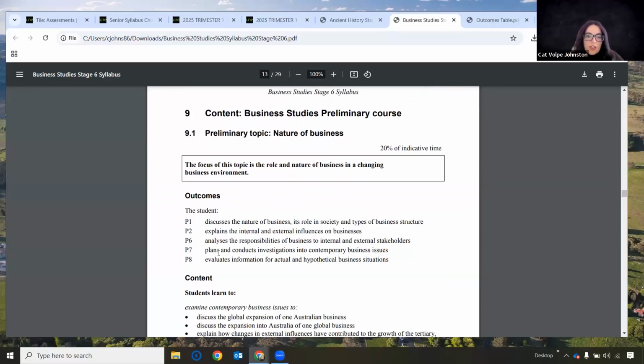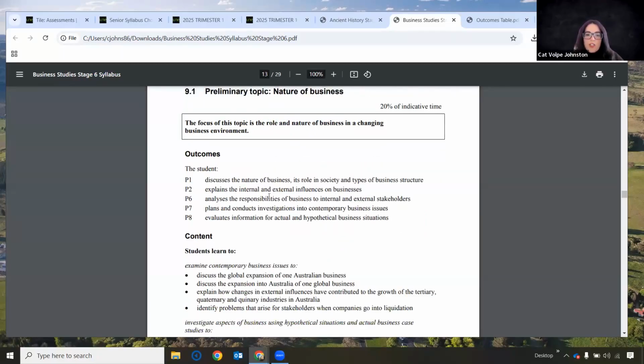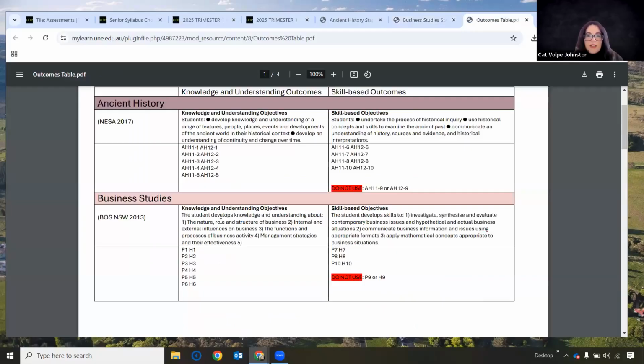All right, so in year 11, students look at the nature of business first up. That's the first thing that they do. And we can see which outcomes are aligning with this unit of work. Again, if you decide I'm going to do a learning sequence on this year 11 topic, this unit, sorry, and you're not sure which ones of these are skill-based outcomes or knowledge and understanding, then you just simply go here, and I've got it listed for you.